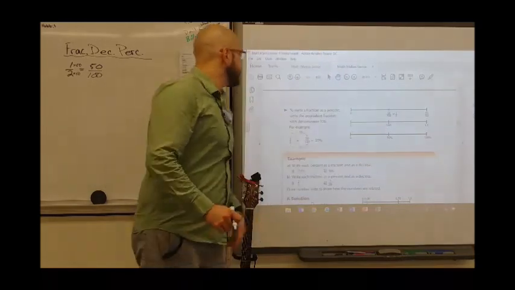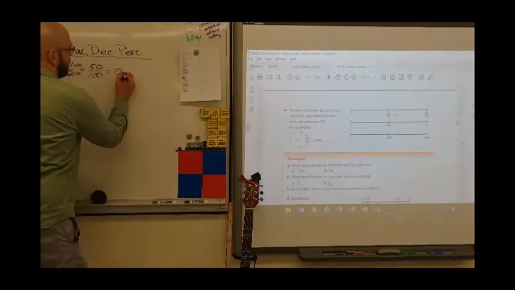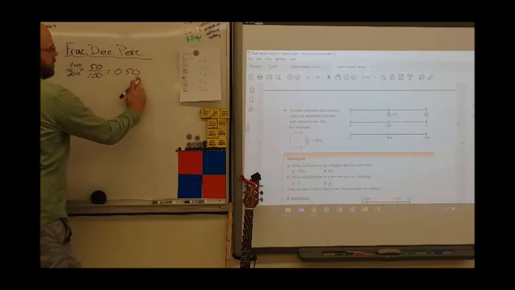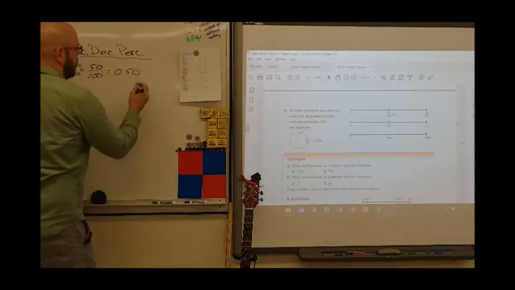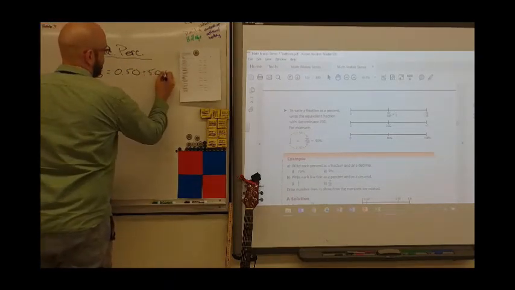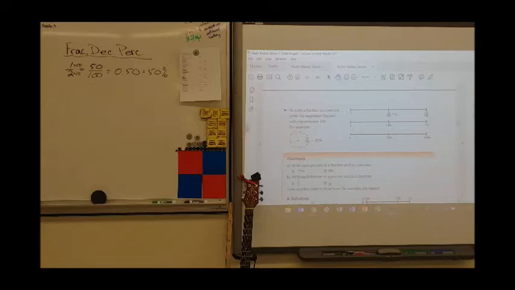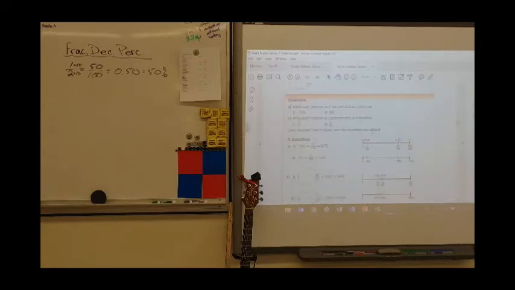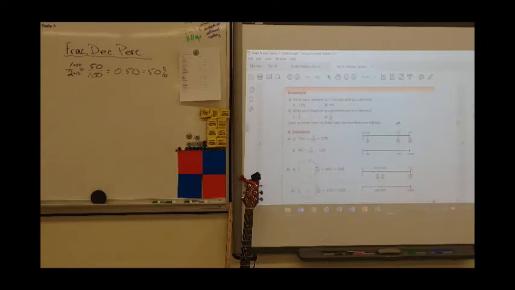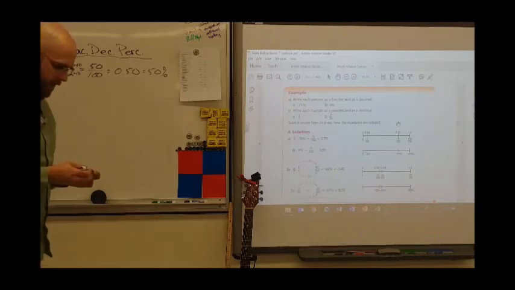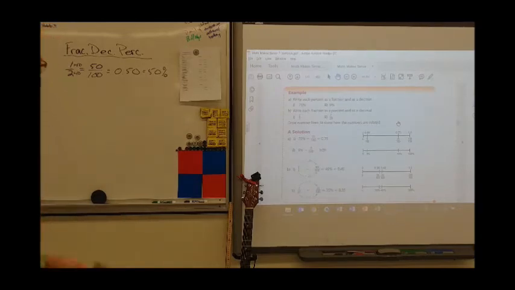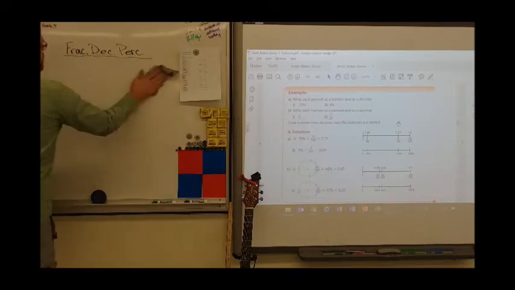Now we're going to go through a couple of examples here. It says write each percent as a fraction and as a decimal. So first it has 75%. Well, the easiest way to get a fraction out of any percent is to think, well, that's out of 100. So 75 out of 100, or 75 hundredths, and that's as a decimal.